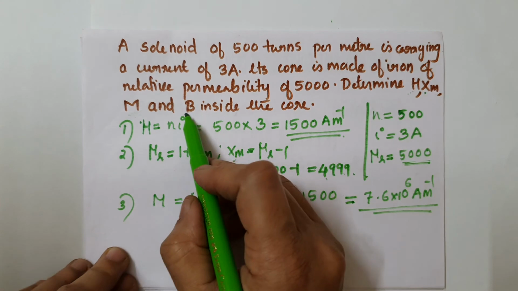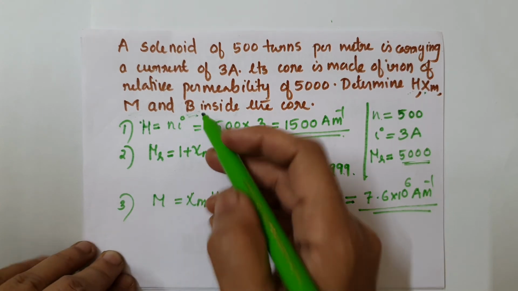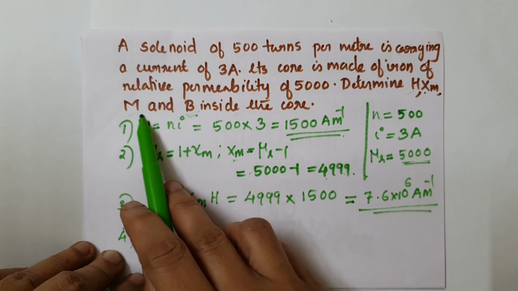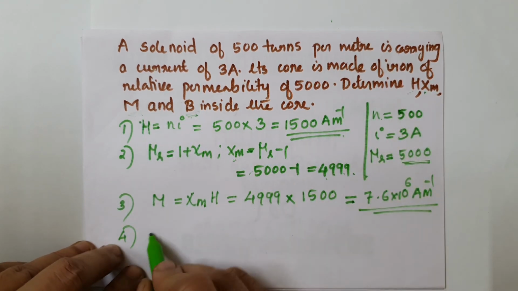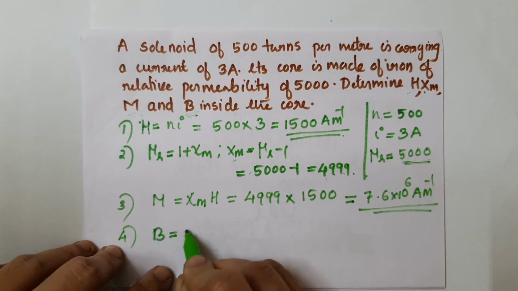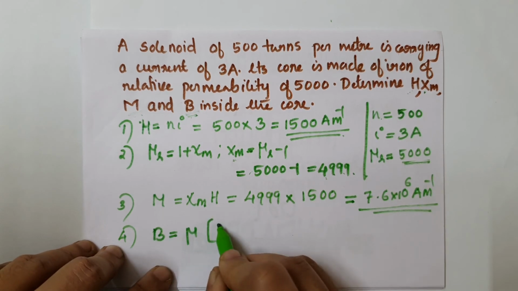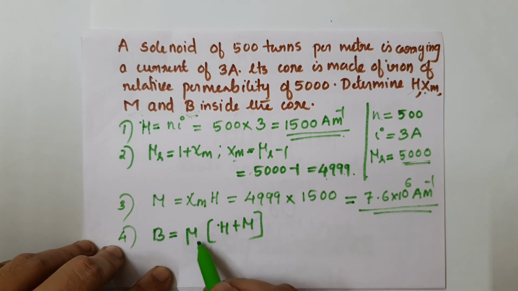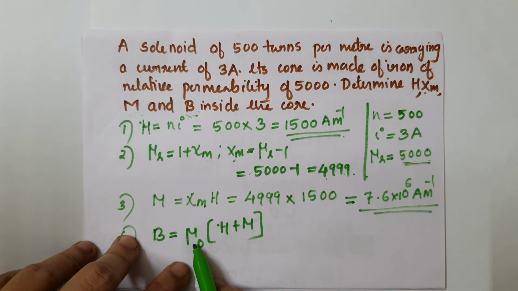And the fourth one is B. We have studied the relation connecting the B, M and H. That is, B is equal to mu 0 into H plus M, where mu 0 is the permeability of free space.